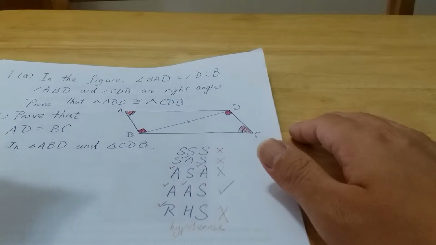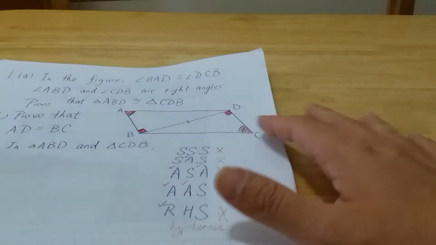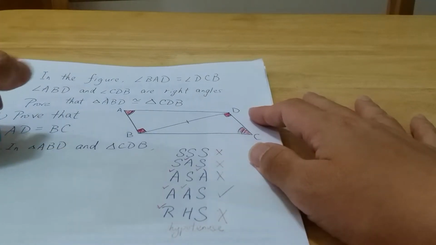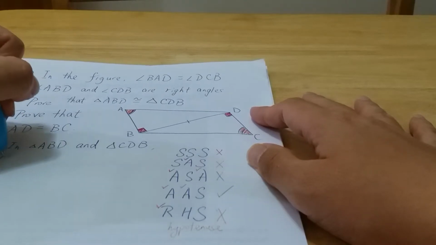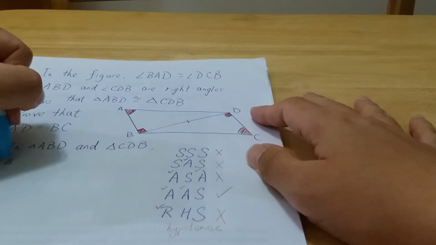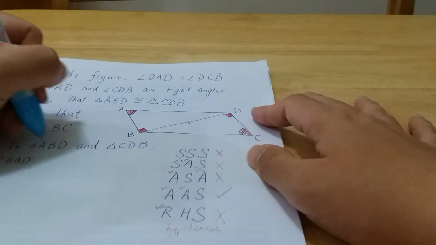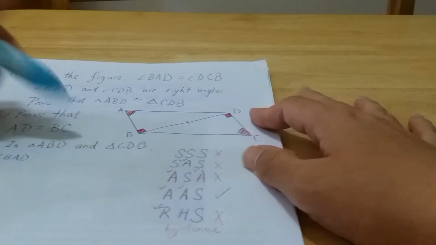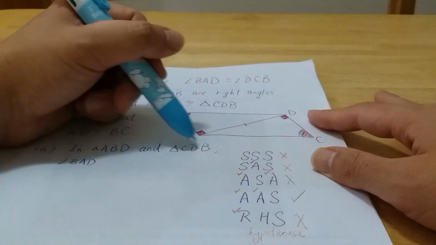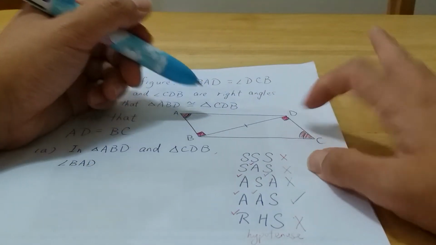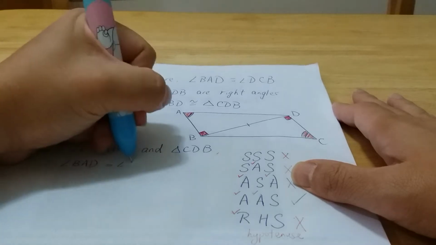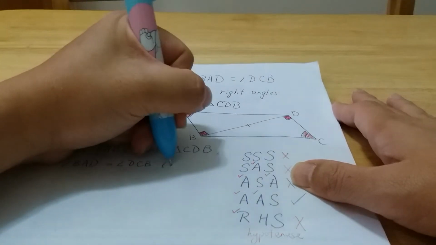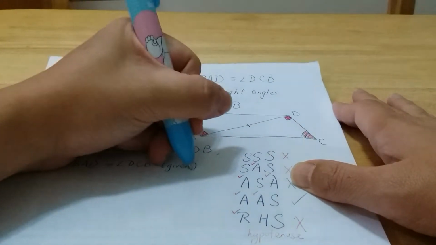Okay, now we must write down the answer. First of all, angle BAD equals angle DCB, given. Okay, this is the first one.